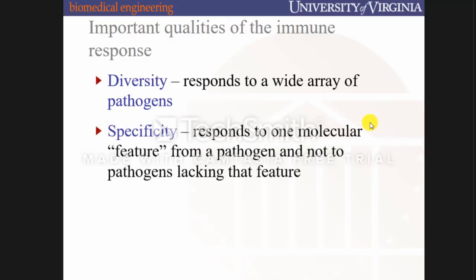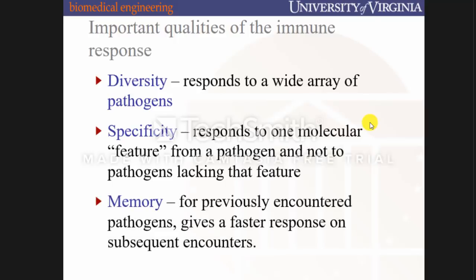And while you can respond to a wide array of antigens, there's also the ability for a single receptor to recognize a specific pathogen or a specific antigen on that pathogen. And so the specificity in light of the diversity is really what makes the immune system quite powerful.